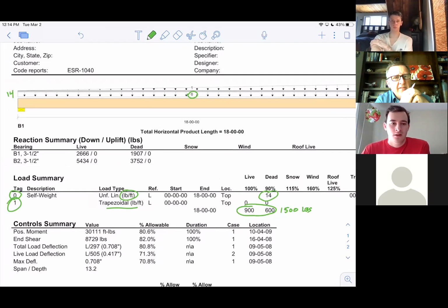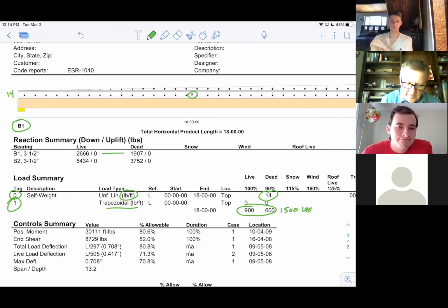Notice it's doing some math for me automatically here. At bearing 1, I'm being told the reactions right there. If I add those up, 2666 plus 1907, that's 4573. So that's how much of that weight is on that side.